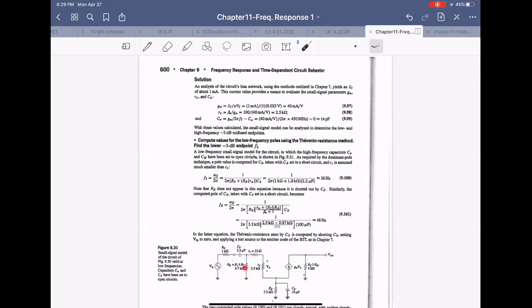So RB and r pi, they are in parallel. So FS for this CS is 1 over 2 pi CS times this one plus this one. This is RS, and these two are in parallel. That is 26 hertz.